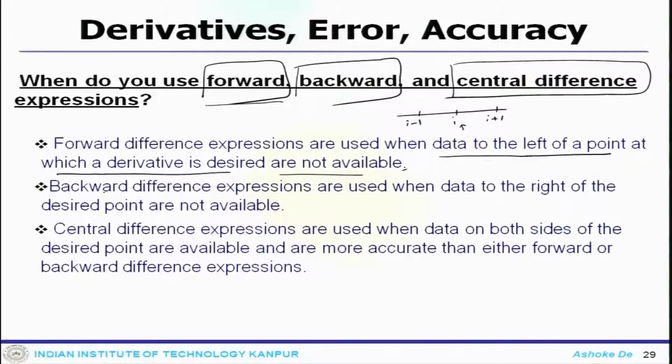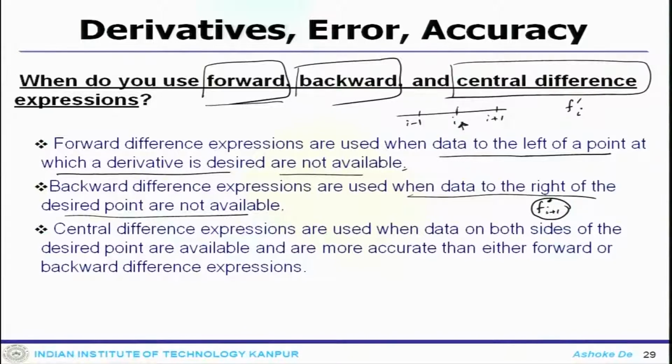Backward difference expressions are used when the data to the right of the desired point are not available. That means I am trying to find a derivative at i, that is f_i, and I do not have information of f_{i+1}.